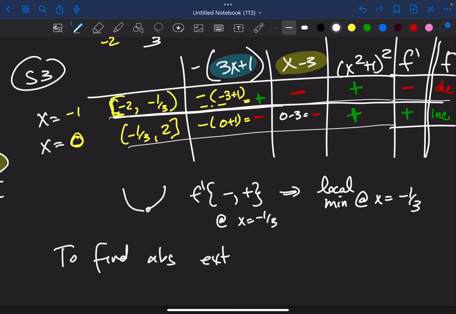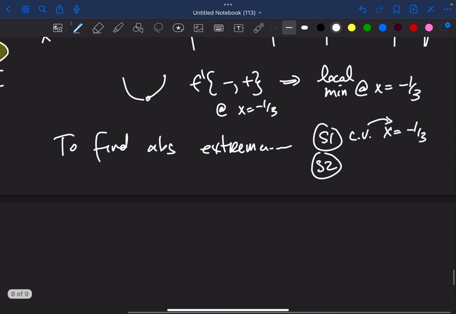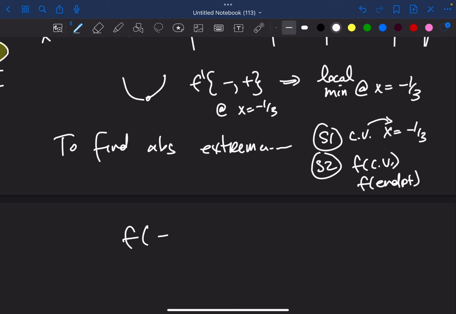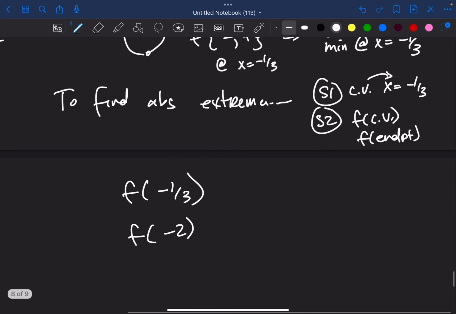Remember, to find absolute extreme values, step 1 is to find our critical values, which we've already said, just include this. And then step 2 is to find f of your critical values and f of your endpoints. So for us, it means we're going to find f of negative 1/3, f of negative 2, and f of 2.